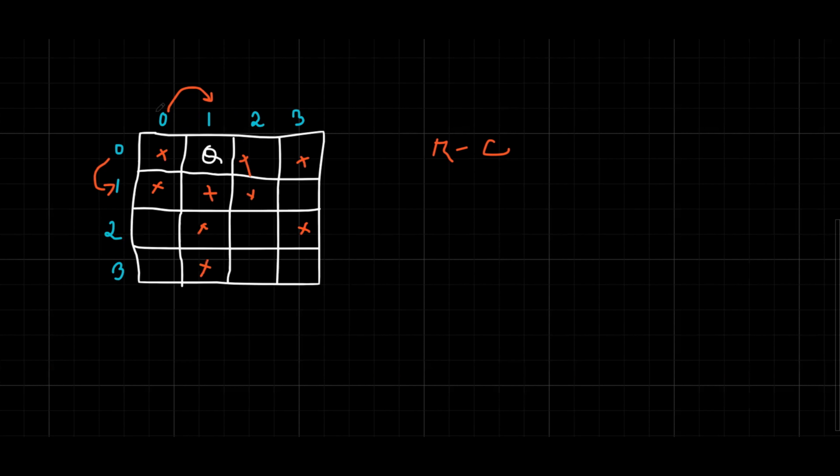So for the first queen, all of these marked positions are prohibited for the next queen. So we have to place the next queen into the second row. We can place it here, because by placing the second queen here, the first and second queens will not attack each other.